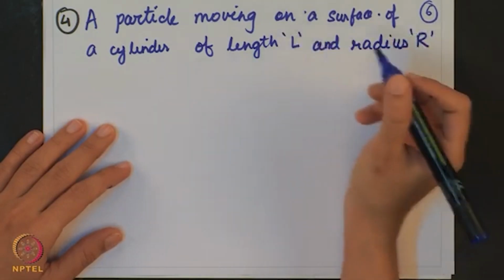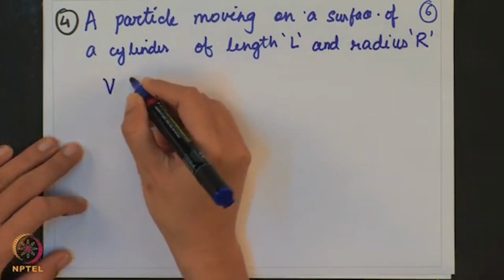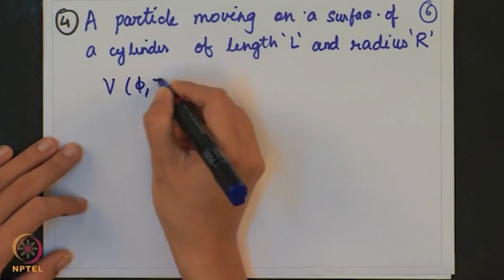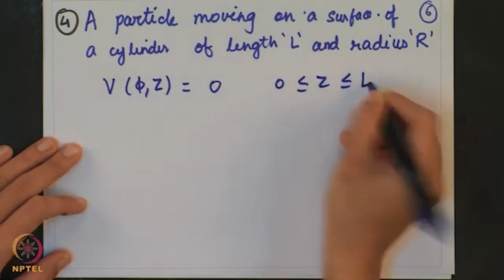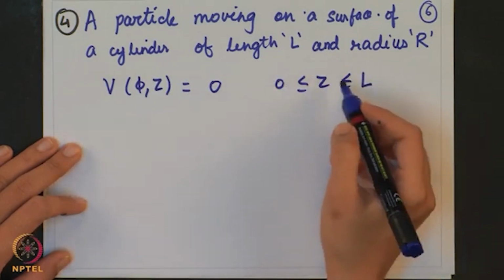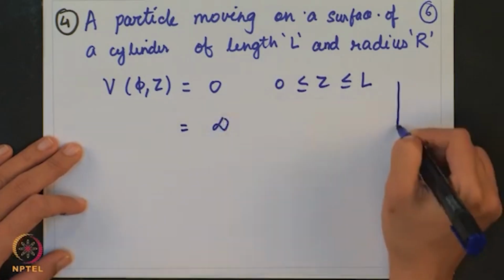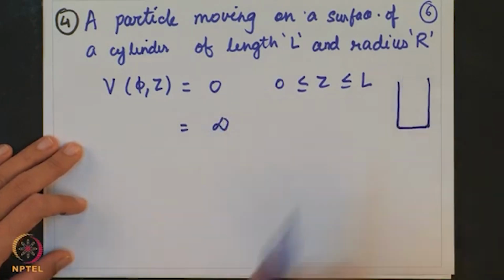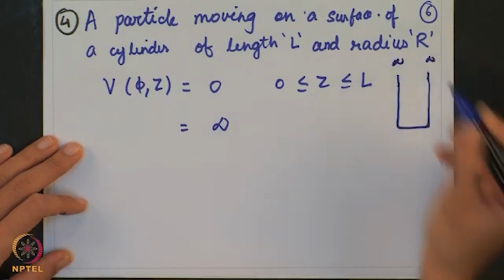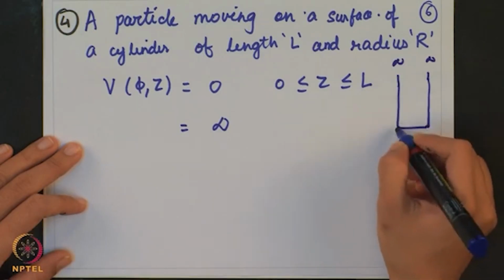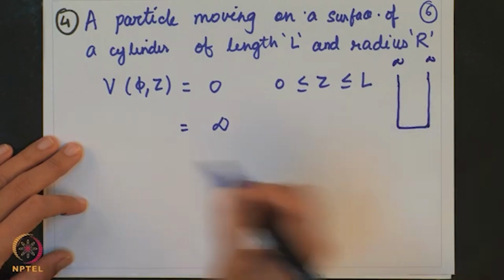So, we are given this potential well problem wherein V of phi comma z is 0 for 0 less than z less than L. So, inside the potential well, the potential is 0 and it is infinity elsewhere. At these points V is infinity, and this is the radius, this is the length of the cylinder.